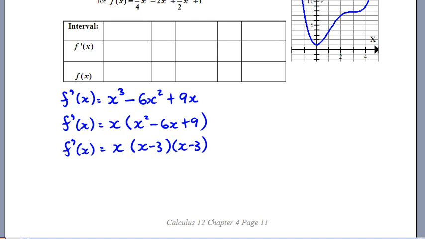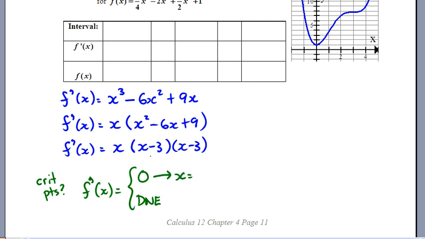The whole idea of critical points is asking, could that derivative be 0 or broken? Well, I can make it 0 by making x either equal to 0 or 3, but I cannot break this one. Don't worry, there will be many coming up that do get broken, but not these polynomials.